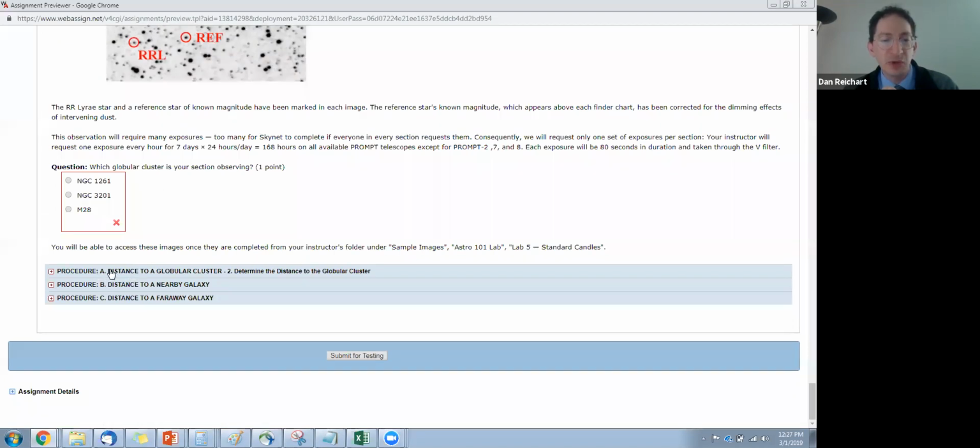Okay, procedure. We have three parts. One's for RR Lyrae in globular clusters, one's for Cepheids in nearby galaxies, one is for type 1a supernovae. Again, they only collected the data for the RR Lyrae as a class. For the Cepheid, ignoring the Magellanic Clouds, there's really only one galaxy that has one bright enough for us to do this with our small telescopes.